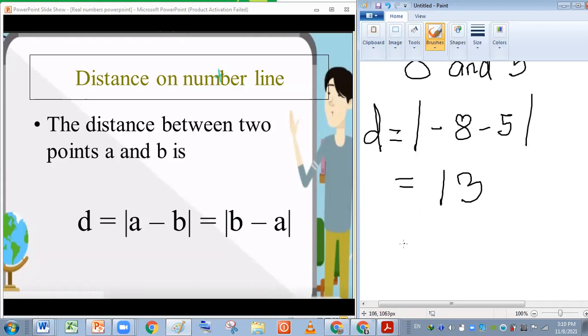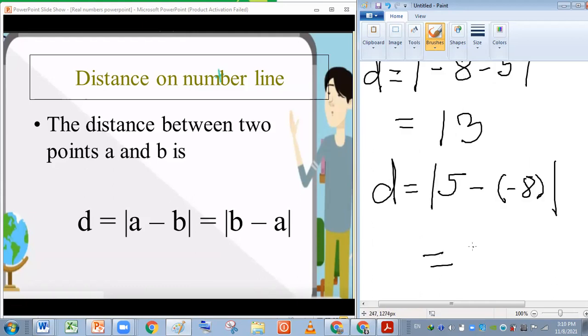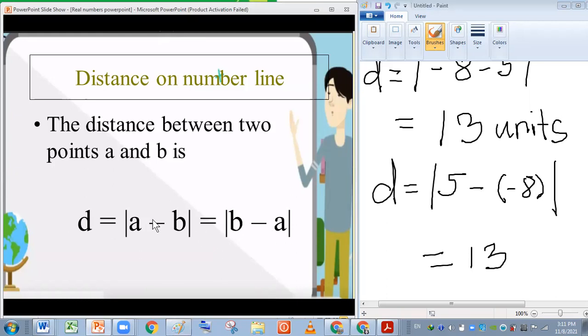In the same way, the distance is equal to the absolute value of 5 minus negative 8, which is of course also 13. So 13 units on the number line. That is how we get the distance between 2 points on the number line.